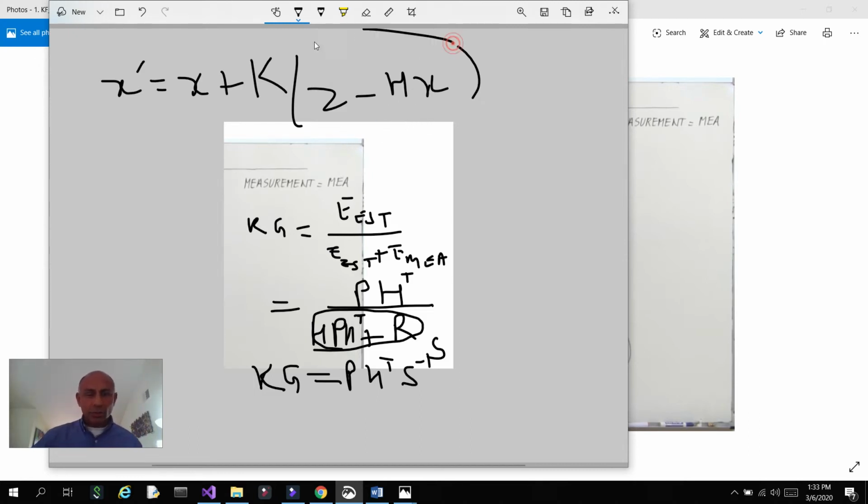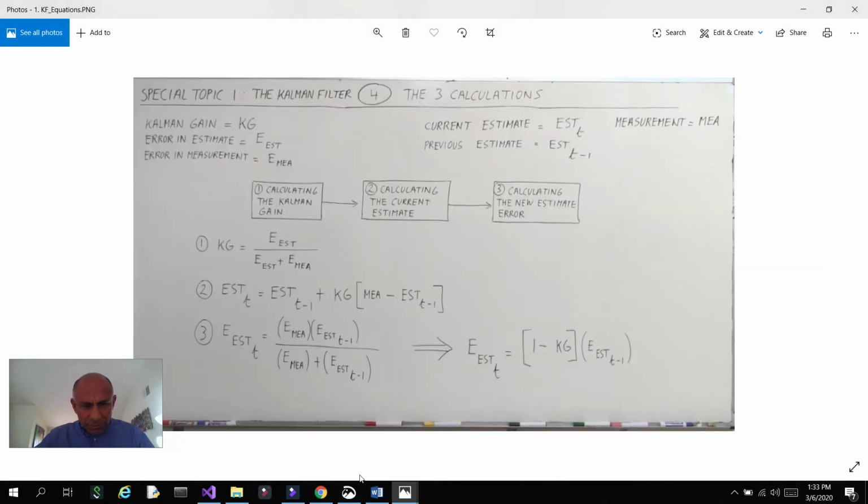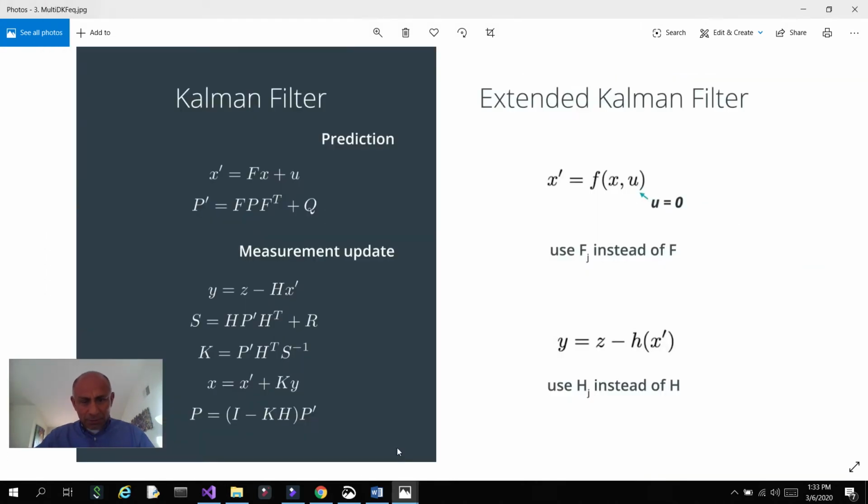Now this whole thing is called y, right? So x equals x plus ky. I hope I have it right. Okay, so that's wonderful. We took care of the first equation, second equation, third equation, fourth equation, and now the new error.